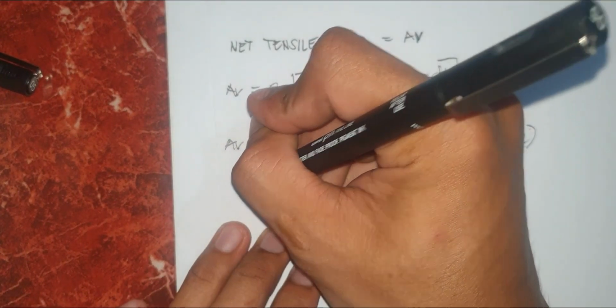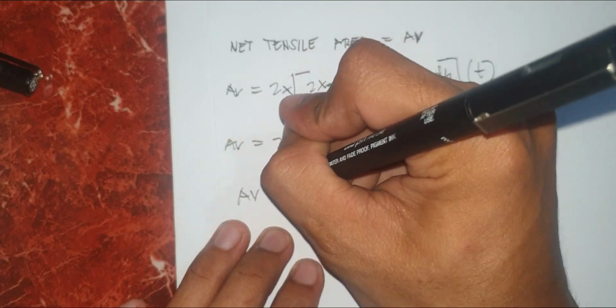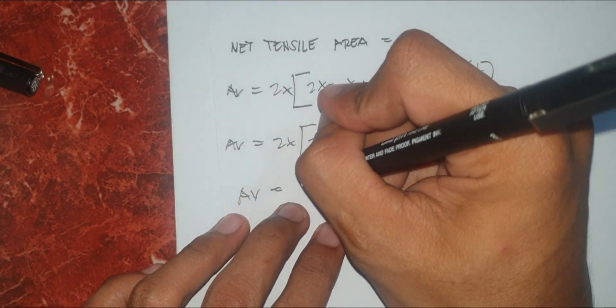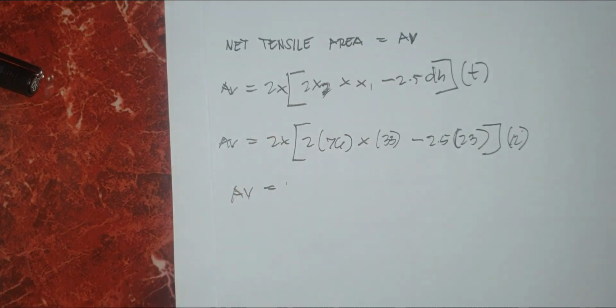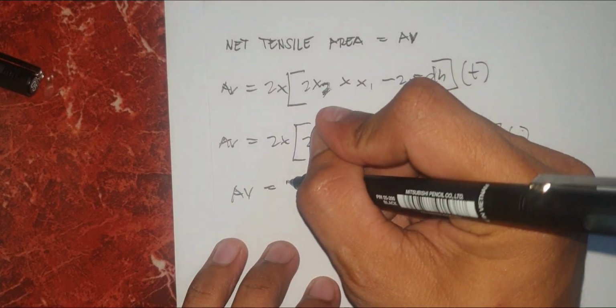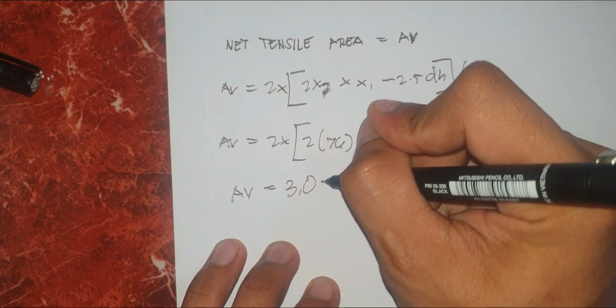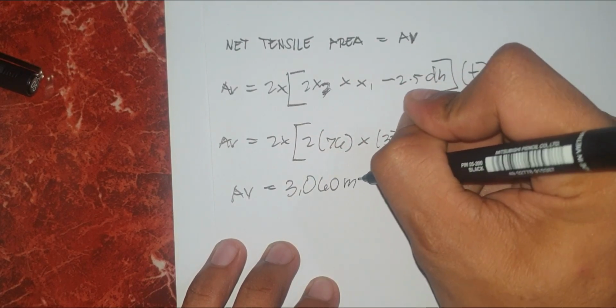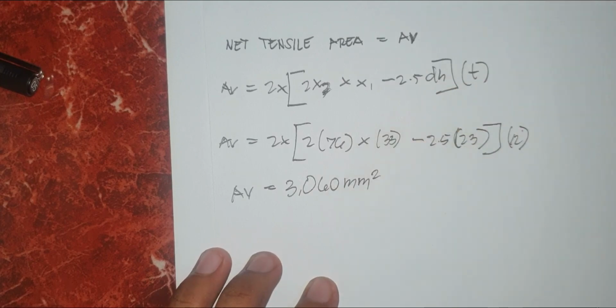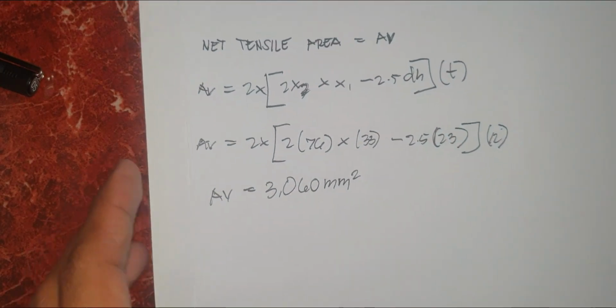So EV, or net tensile area, that's the one, is 3060 mm squared. That is our net tensile area.